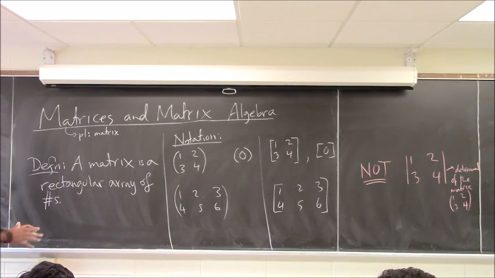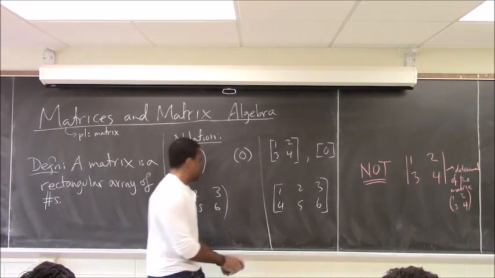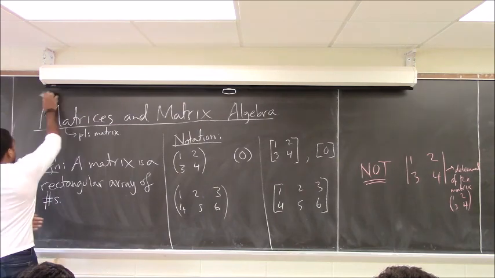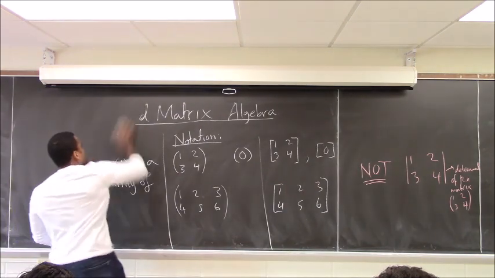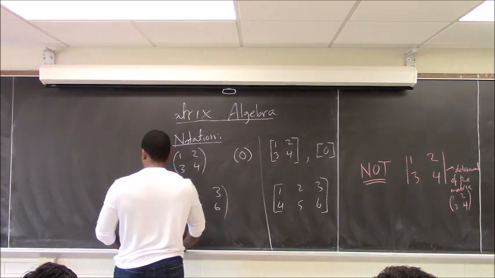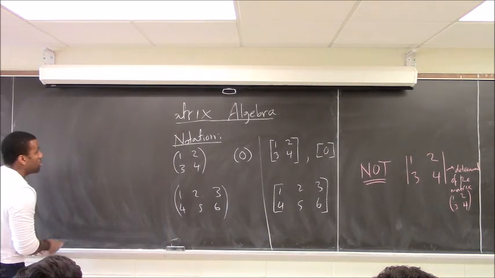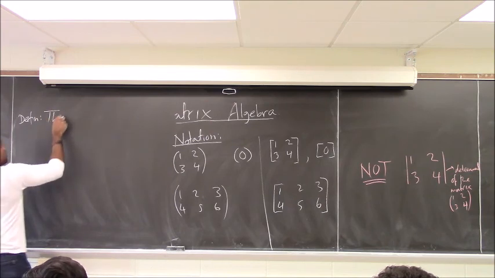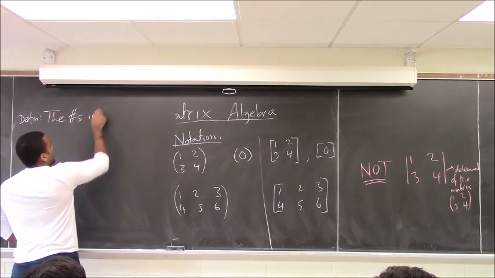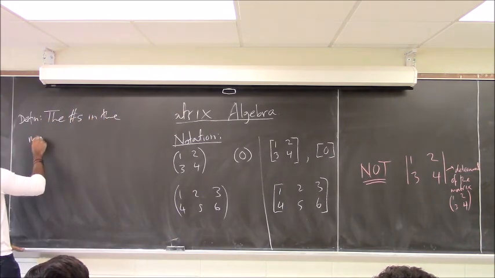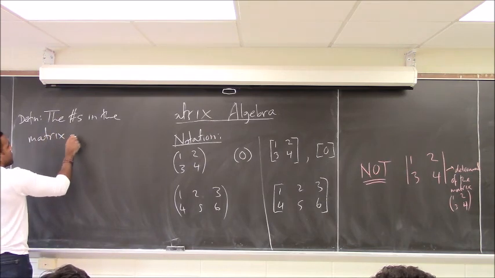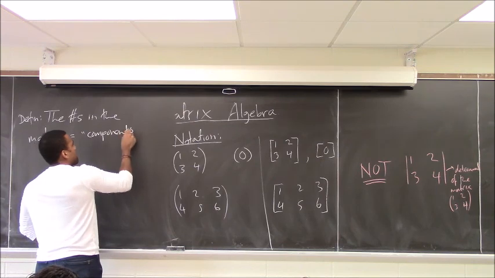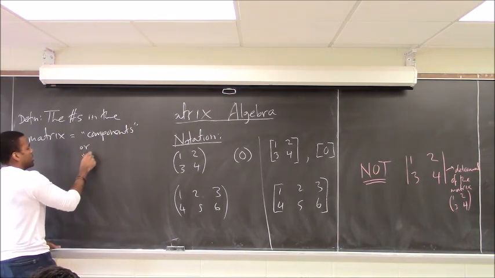Now let's talk about some definitions. A lot of me introducing this is going to be a lot of definitions, but we'll try to get to the math as quickly as possible and to some more interesting things. So, the numbers in the matrix, we call these the components or elements of the matrix.